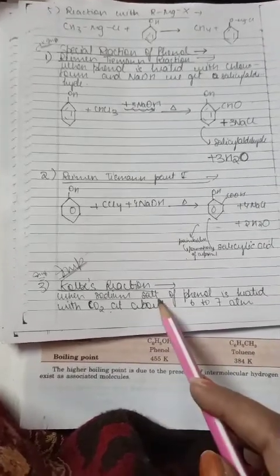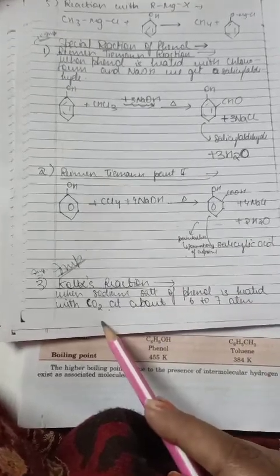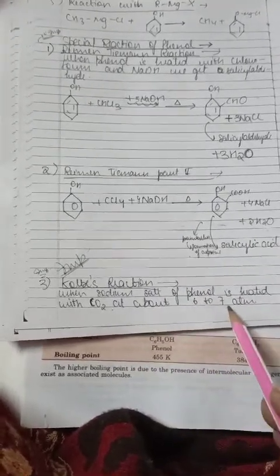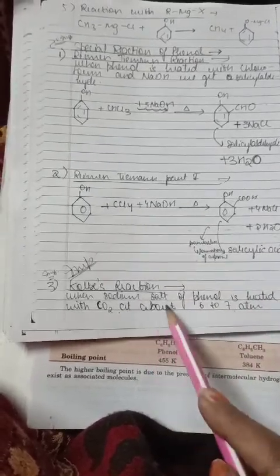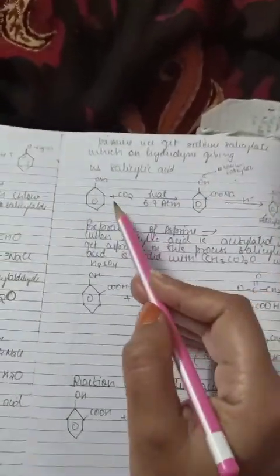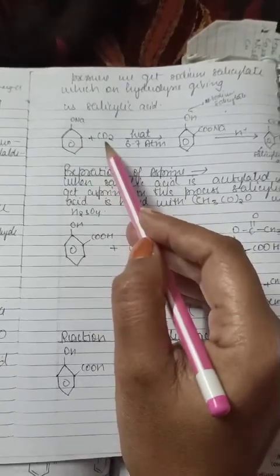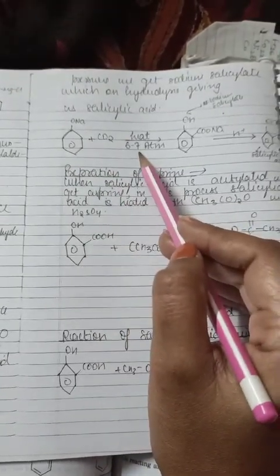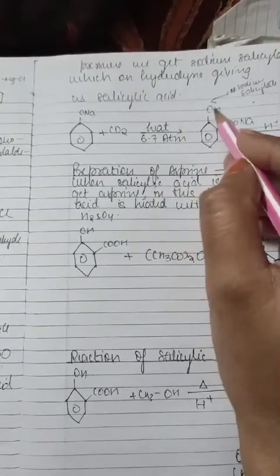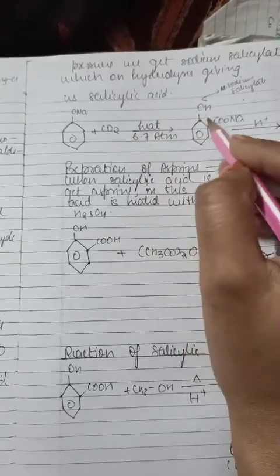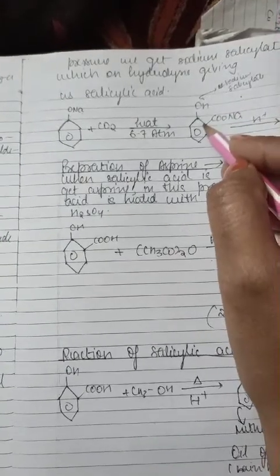Kolbe reaction: when the sodium salt of phenol is heated with CO2 at about 6 to 7 atmospheric pressure, we get sodium salicylate. Now you can see, the sodium salt of phenol with carbon dioxide at atmospheric pressure 6 to 7, with a heating process, forms OH with COONa, which is sodium salicylate.